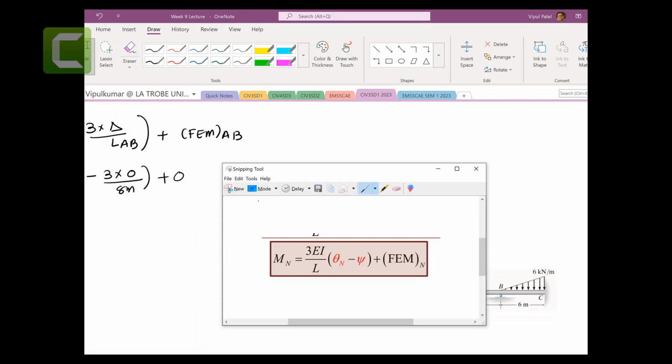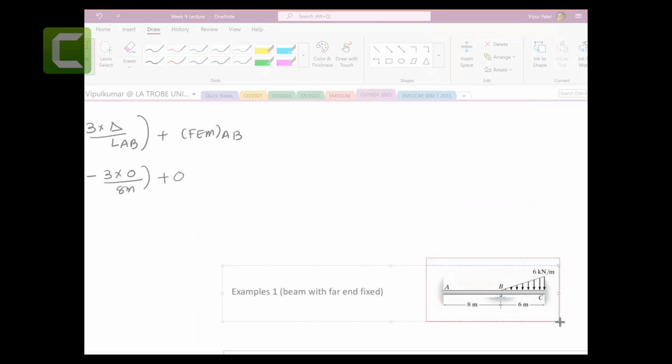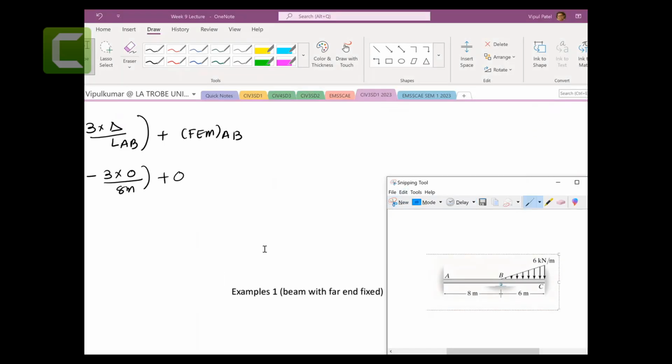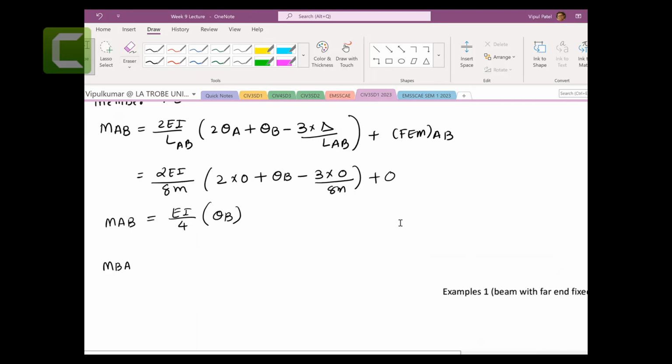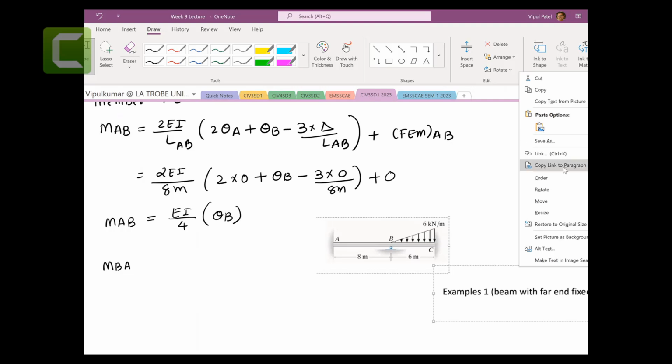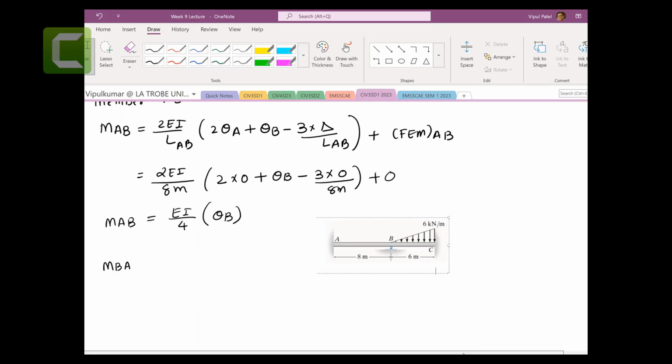We just need this one only. Okay, so that's all good. So here we just got MAB. Now, similarly, we're going to get MBA.